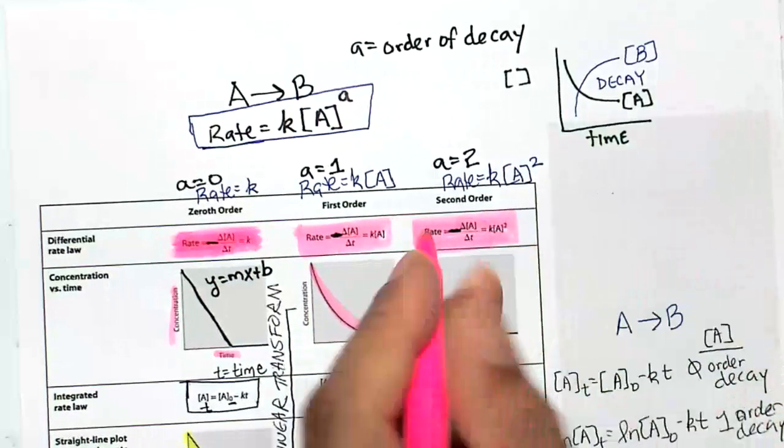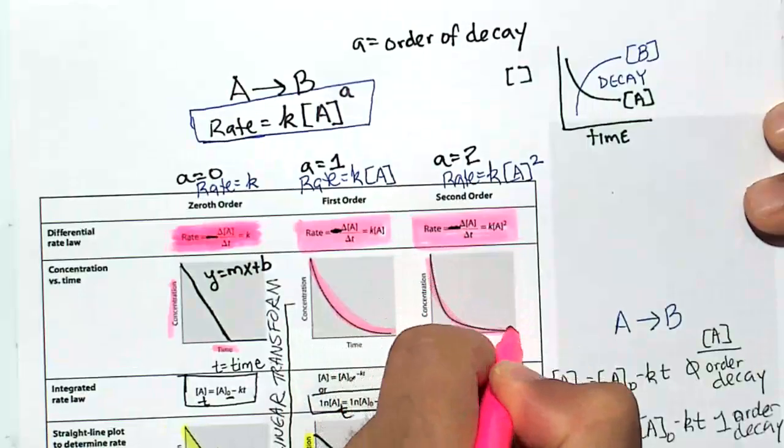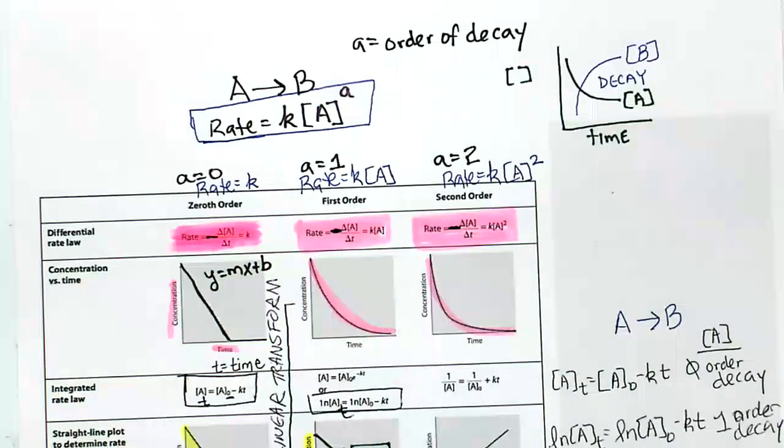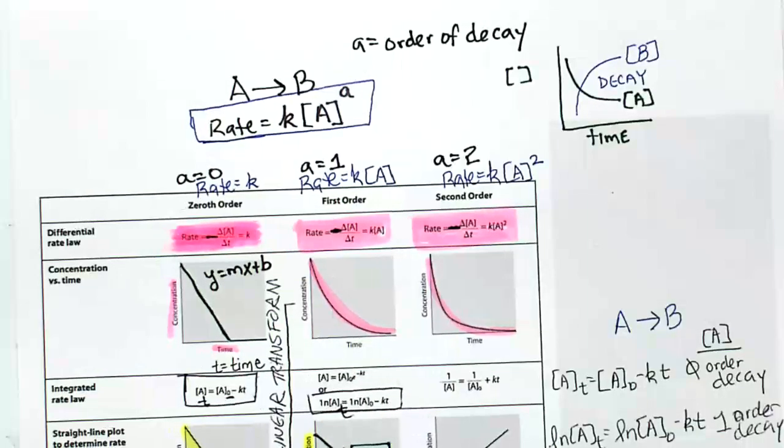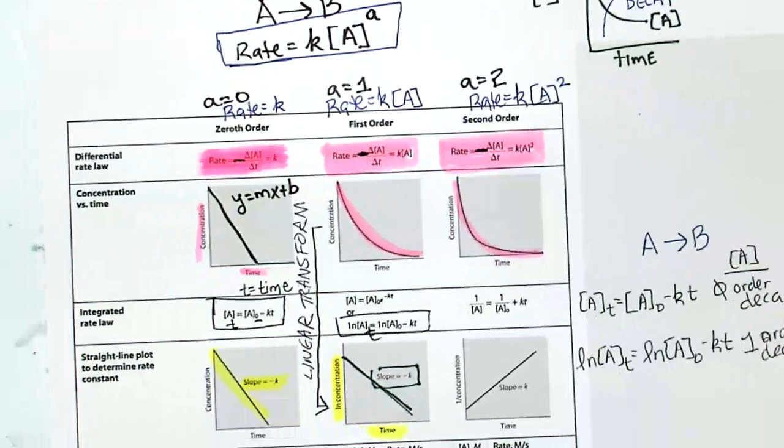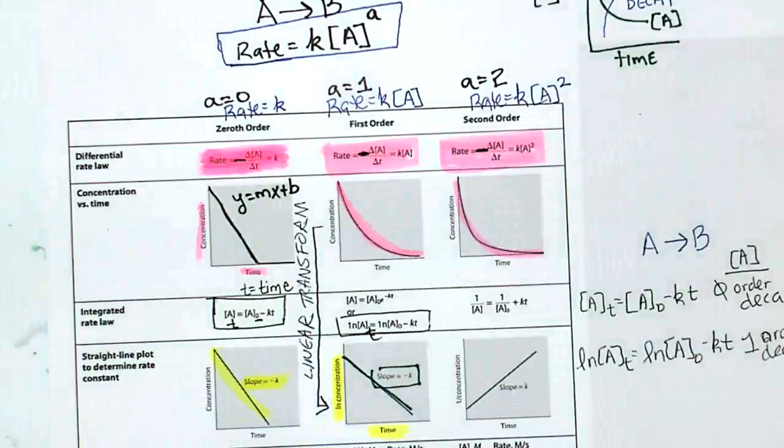Let's plot the concentration over time. What do you see? That same thing, which is hard to mathematically analyze. So this and this look the same. So how do you know if it's first order or second order? We will do that transform. In this case, instead of taking the natural log of the concentration over time, what will we do?